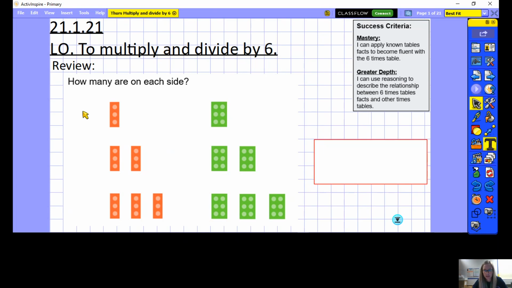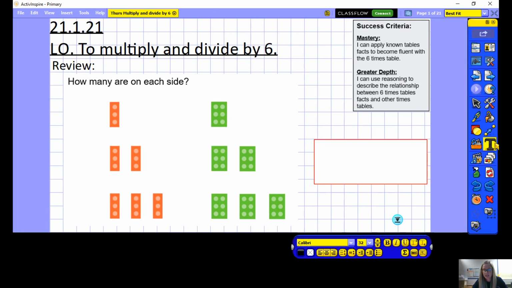Okay, brilliant. So this side, you can see there are 3 on this side. And on this side, we have got 6. Below, we've now got 6 on this side. 3 and 3 is 6.